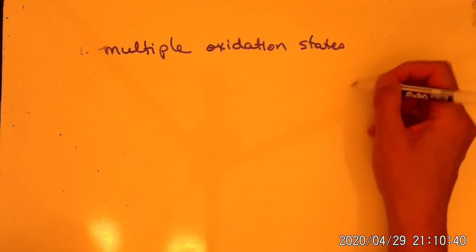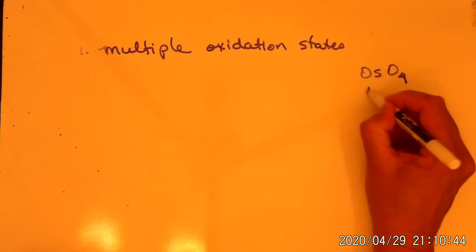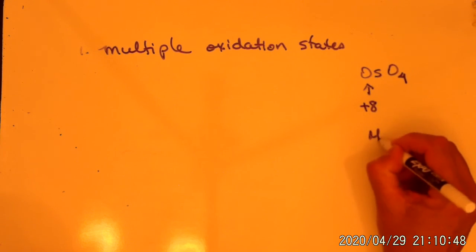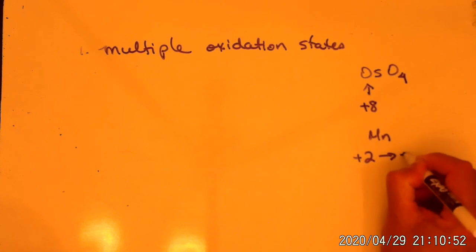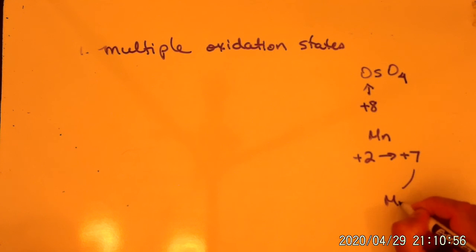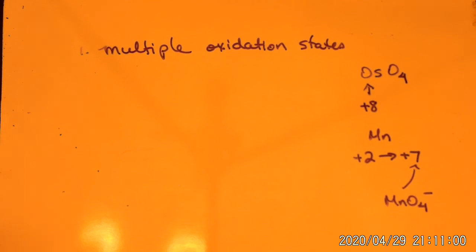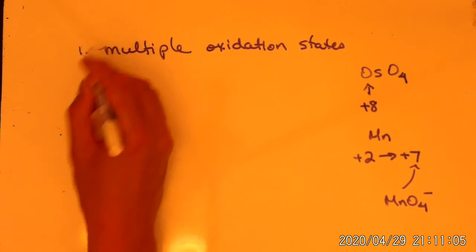So the highest oxidation state, in osmium tetroxide, is 8. Manganese can vary from +2 to +7. So +7 would be like in permanganate. Basically we see that we have multiple oxidation states in a transition metal.